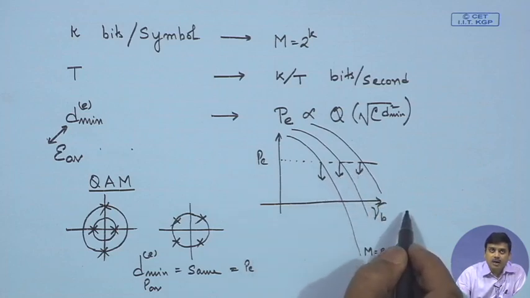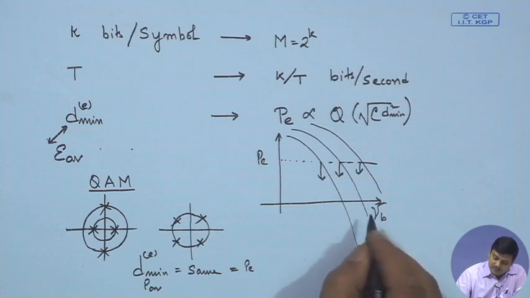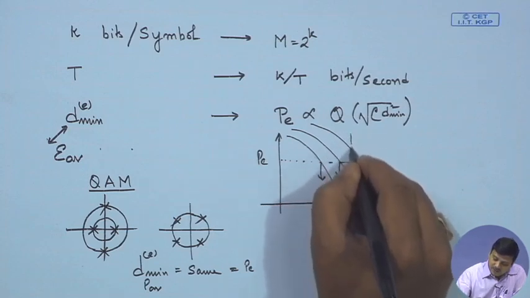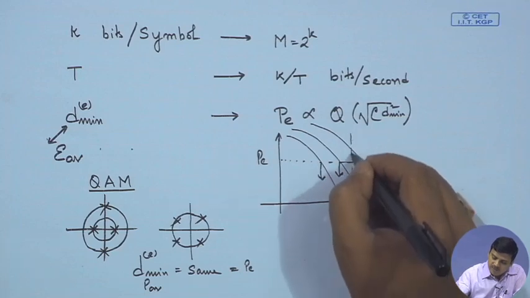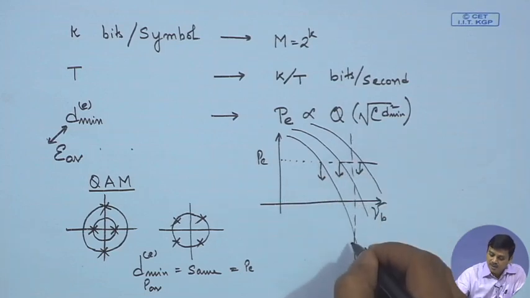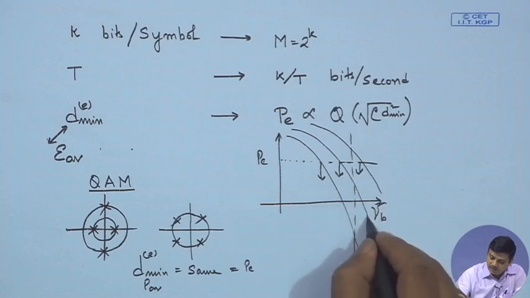In another way, if we keep Eb by N naught constant, as we keep increasing the size of the constellation, the probability of error keeps on increasing.